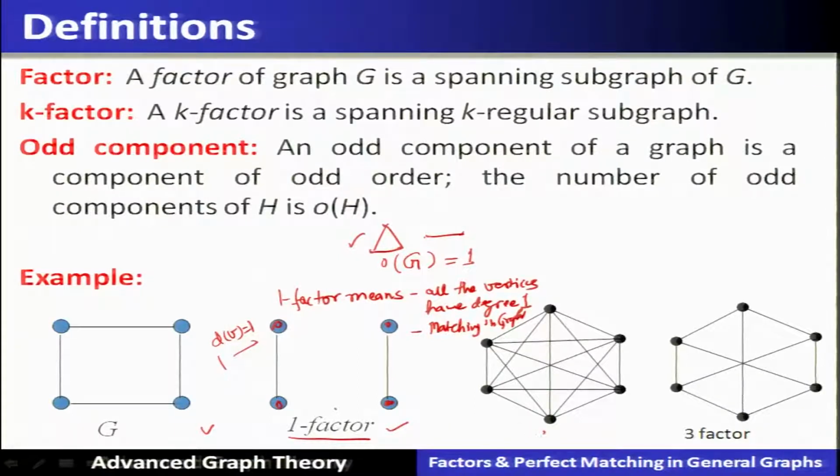Similarly, for another graph, let us take G2. In this graph, if we want to find the three factor, it means we want to find a spanning subgraph.